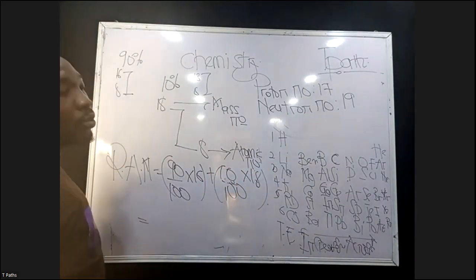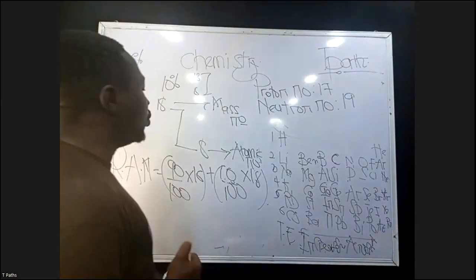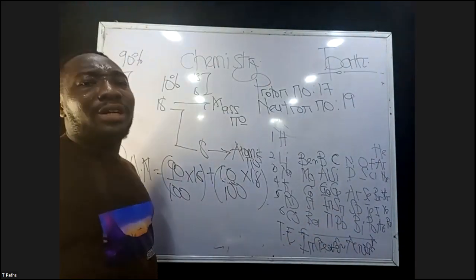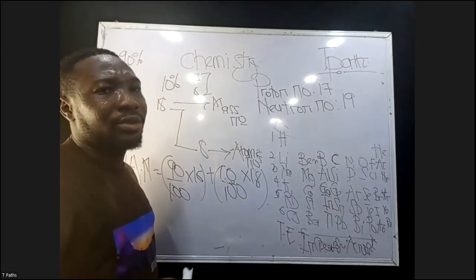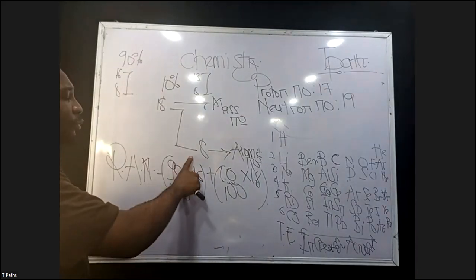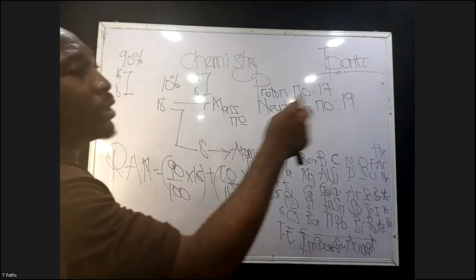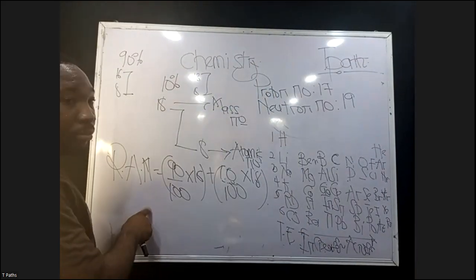The RAM helps us to get the atomic mass of that element. So you find the percentage of the mass number for the two different isotopes, then add them together, and you get the RAM.